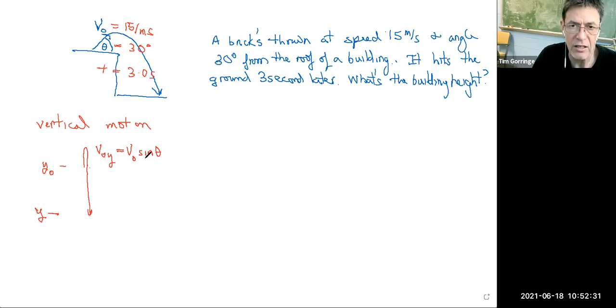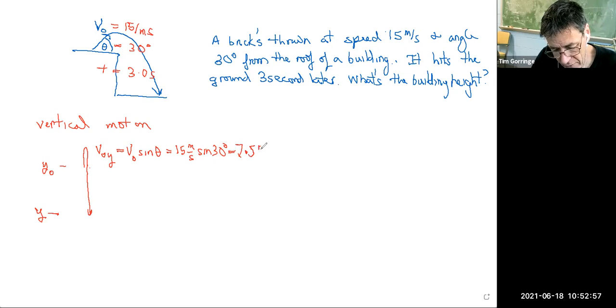Well, V naught's the magnitude of the initial velocity, and theta is the angle at which I threw the house brick. So I can calculate that initial velocity in the y direction. It will be 15 meters per second times the sine of 30 degrees. You probably remember sine of 30 degrees is a half. And so this is just 7.5 meters per second. So that's the initial velocity in the vertical direction.